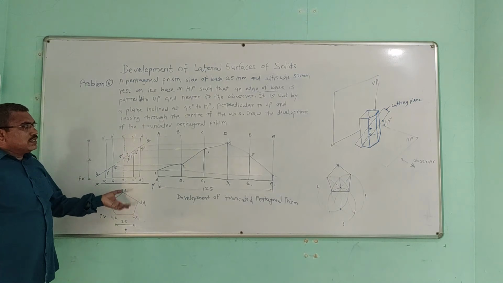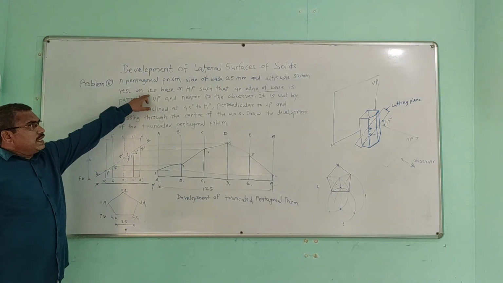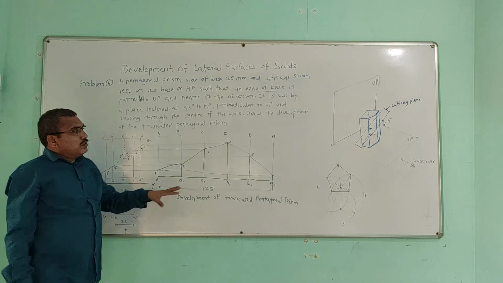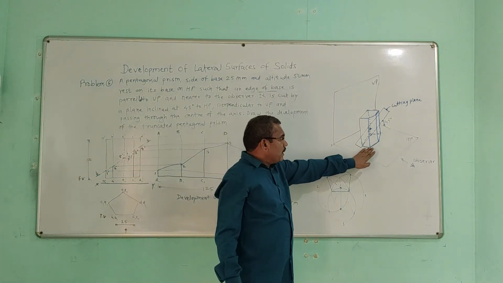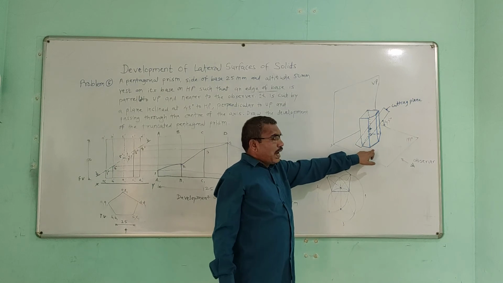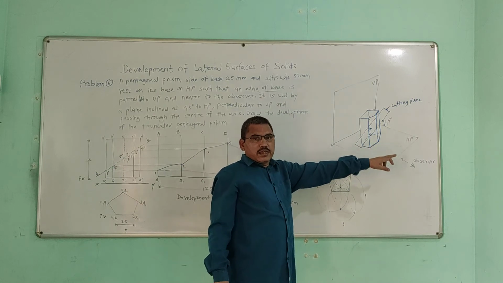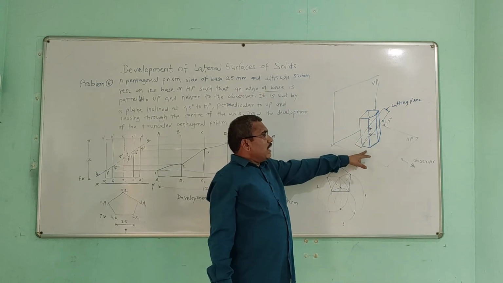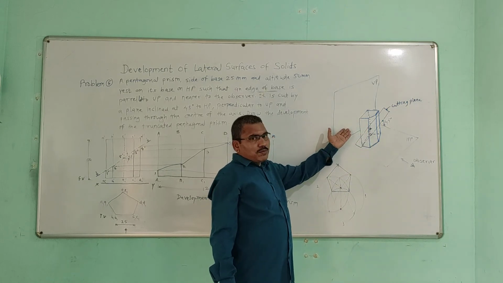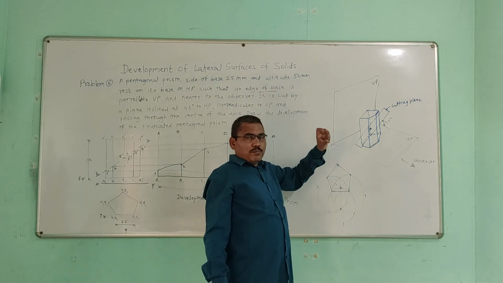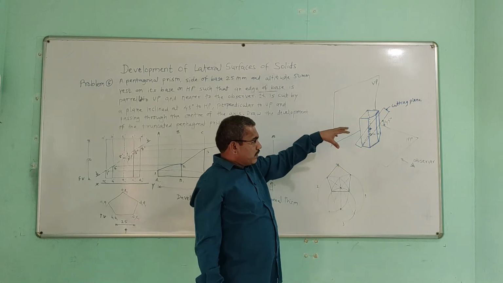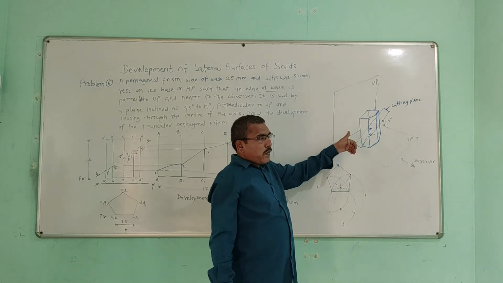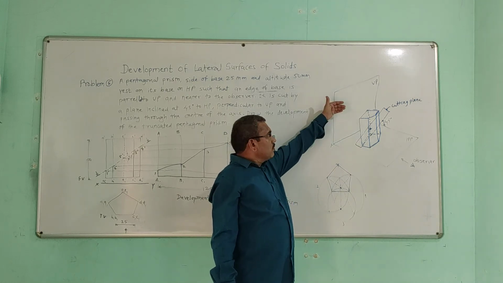What is important is how the base is placed with reference to the VP. It is resting on the HP, but the base is such that the parallel edge of the base is nearer to the observer. In other words, the parallel edge is away from the observer. Another condition of placing the base of the pentagonal prism is that the base edge is perpendicular to the vertical plane.